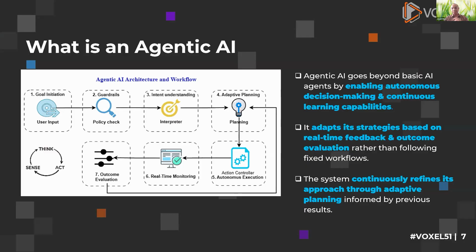Let me give you an example. Say it's an underwriter process, and my agentic AI is defined only to do underwriter processing. I told the planning module that in your chain of thoughts you will check the background, check the credit score, and check any accident history.